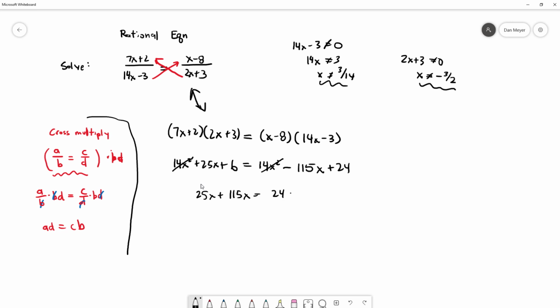When I add 115 and 25 together, I get 140. 24 minus 6 is 18. So x is 18 over 140. Now this rational expression can be reduced. I can cancel a 2 out, get 9 over 70. But then that fraction cannot be reduced any further.